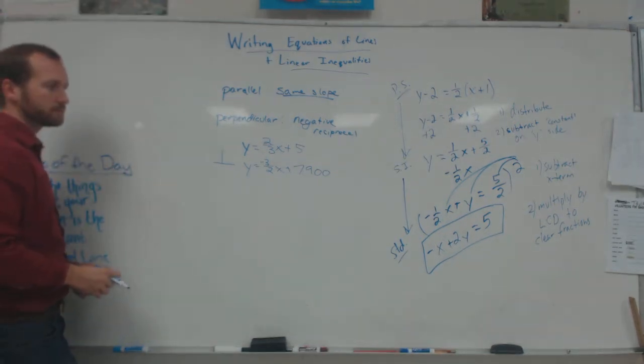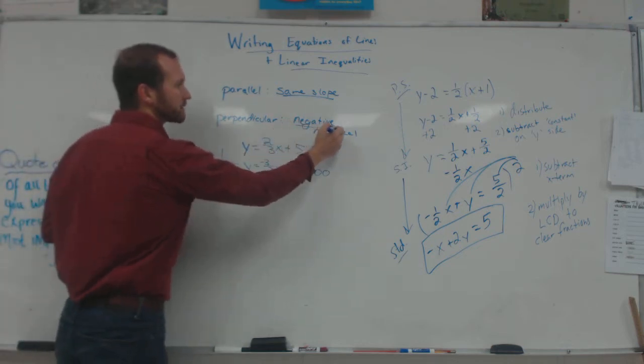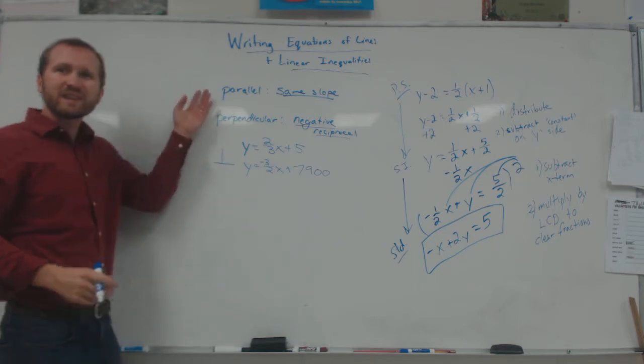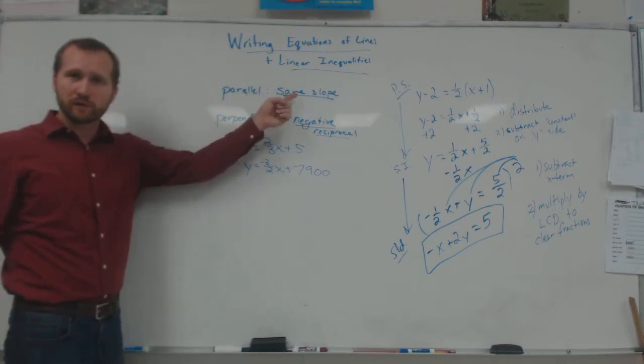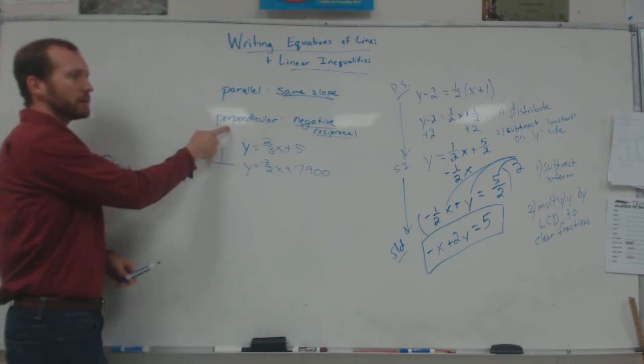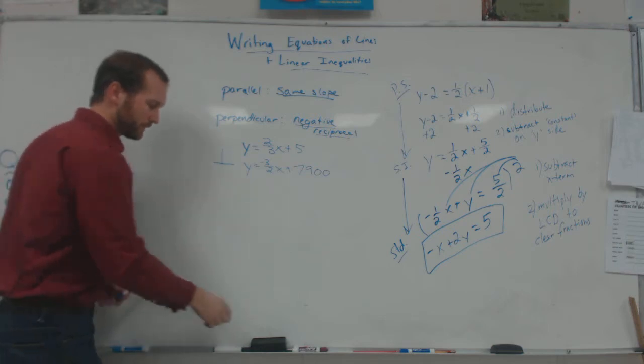Doesn't really matter. So sometimes you'll be asked to write an equation of a line given a parallel line. What they're really giving you then is the slope. And the same thing goes for perpendicular. They're giving you a way to find the slope.